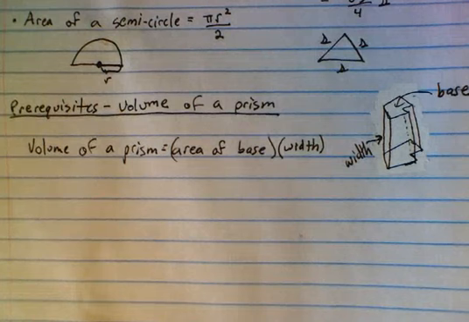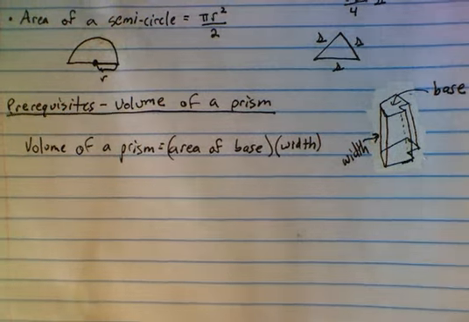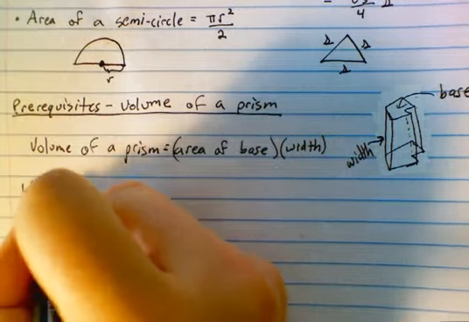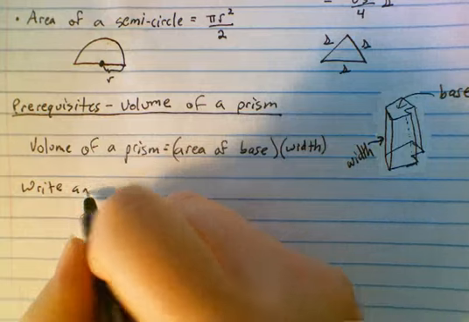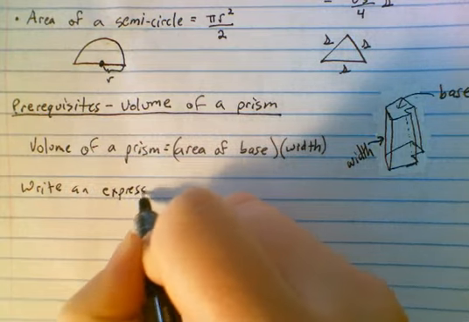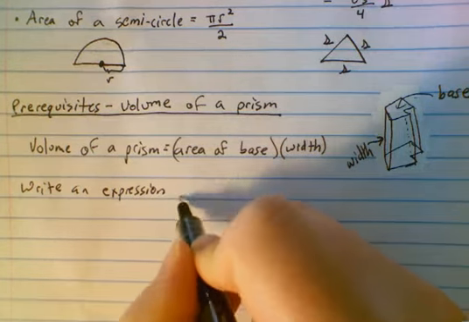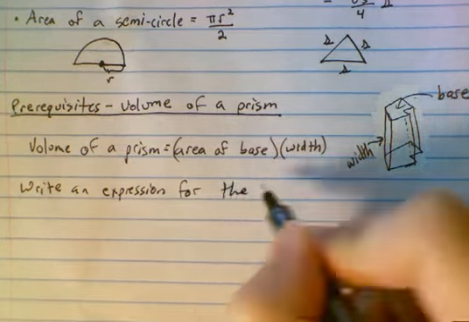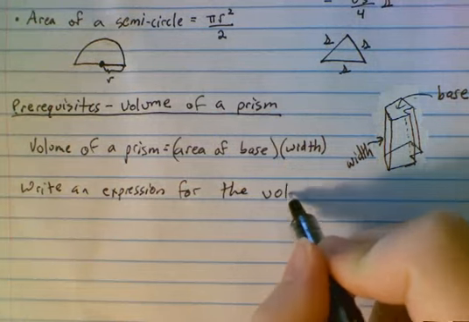Whenever we have a base, whatever that area is, we're going to multiply by the width or height, however we want to think about it. So let's do some problems. We are going to write an expression for the volume of each of the following prisms.